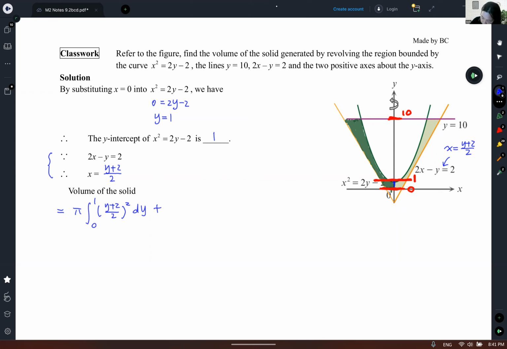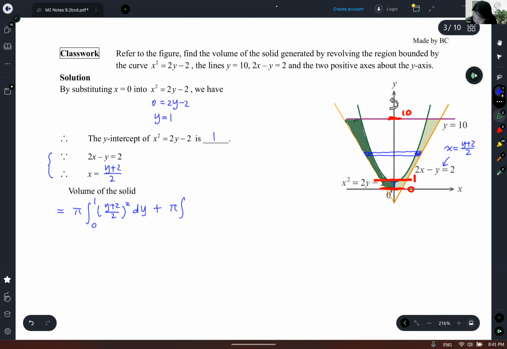The top is pi, this part, this little ring, is the bigger R, which is the orange line, minus the green. This is the small r, this is the bigger r. So small r is this one, 2y minus 2.